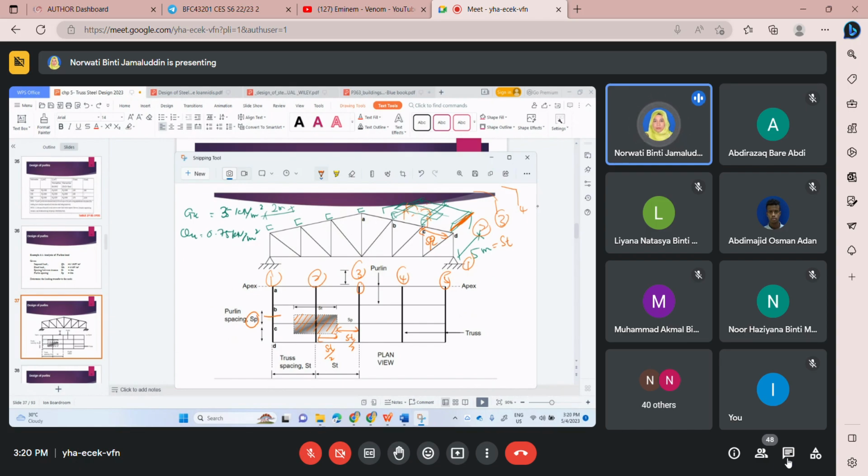So half, also half. This is the knot point. So half goes to this support, and then another half goes to this point.